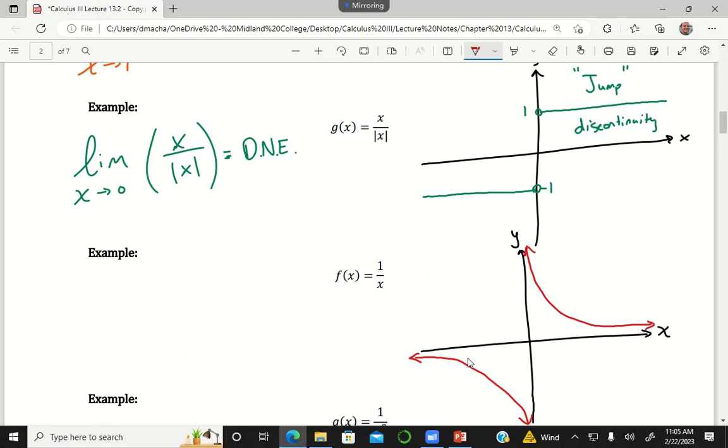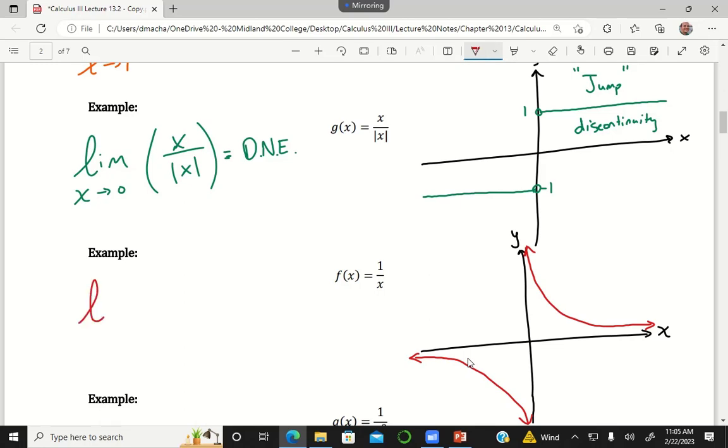So as x is getting closer and closer to 0 and x is positive, this is going to be a very, very large positive number approaching infinity as you get closer to 0. And then if x is a negative number and x is getting closer to 0, then this becomes a very, very large negative number approaching negative infinity as x approaches 0 from the left side.